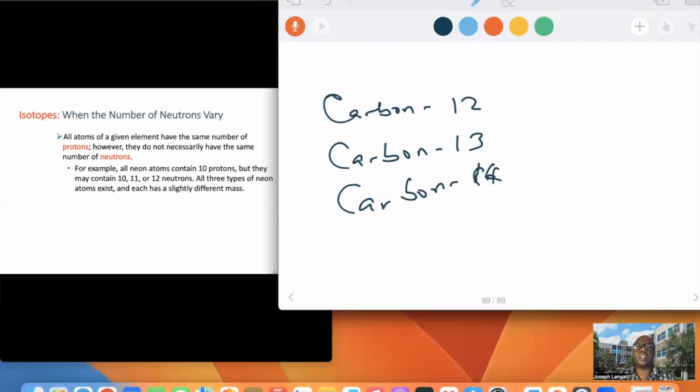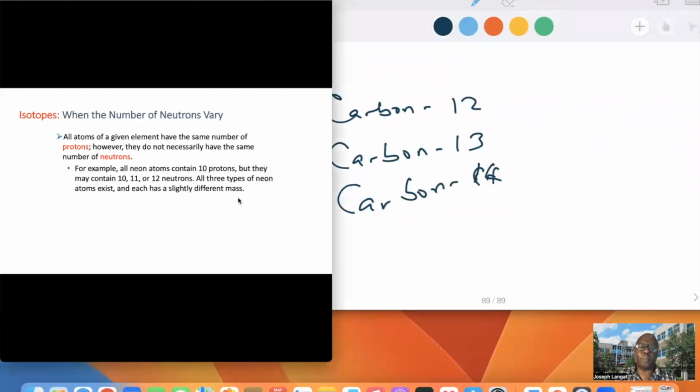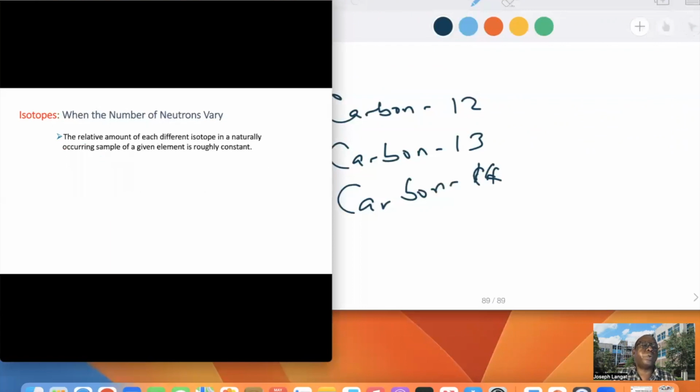These are isotopes having different mass numbers. You should be able to define an isotope or isotopes. Isotopes are basically atoms of the same element with the same number of protons but a different number of neutrons. You need to be able to define that, commit it to your memory.